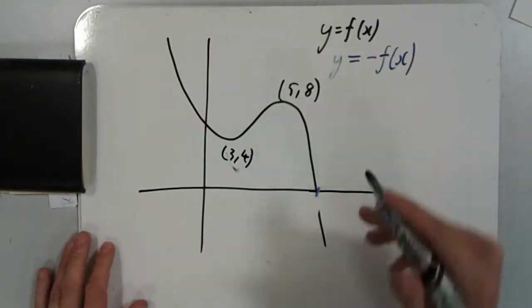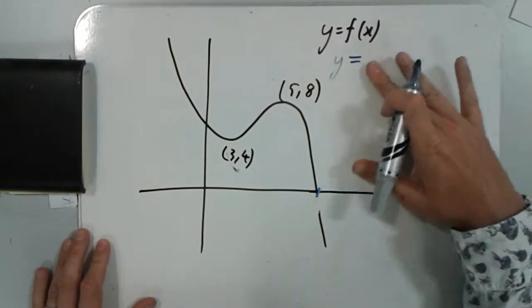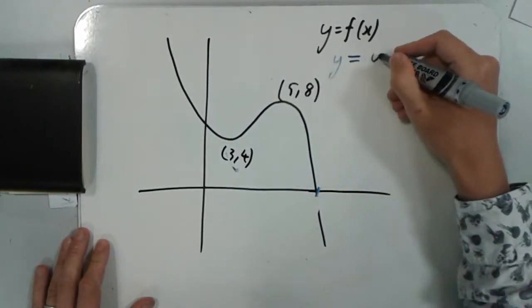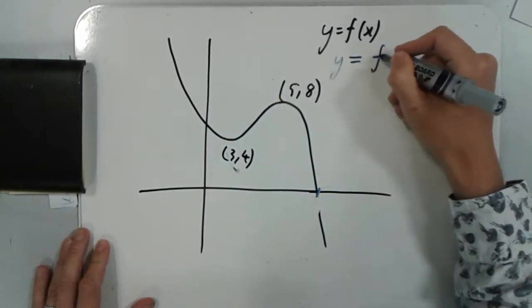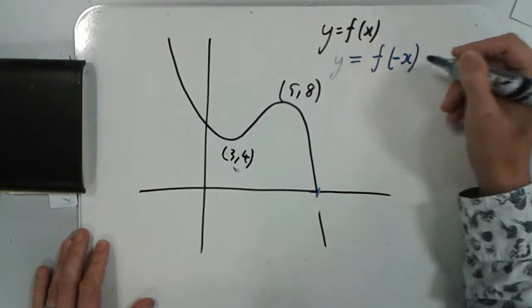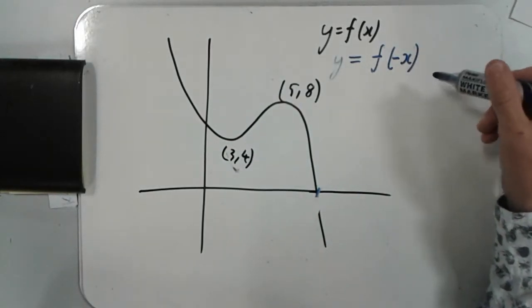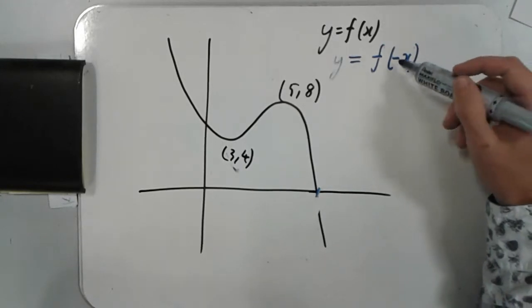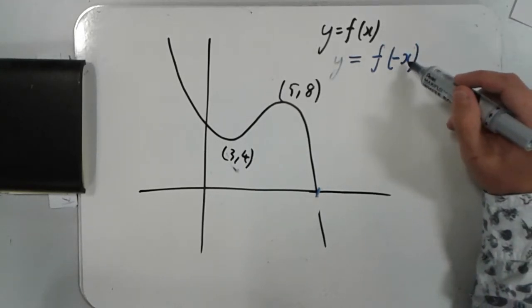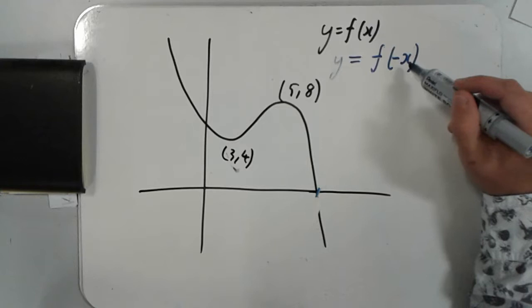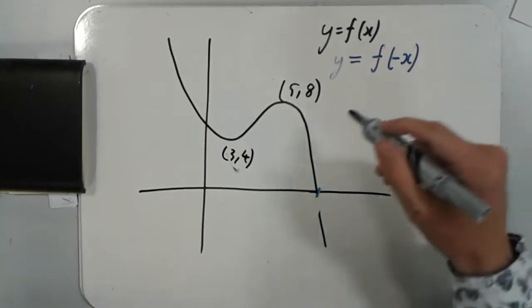Now we'll consider what would happen for y equals f(minus x). So similar, but I've just moved the negative to be on the x now. So remember, when it's in here, it's like we're solving an equation, so we would now effectively divide all of our x values by minus 1.